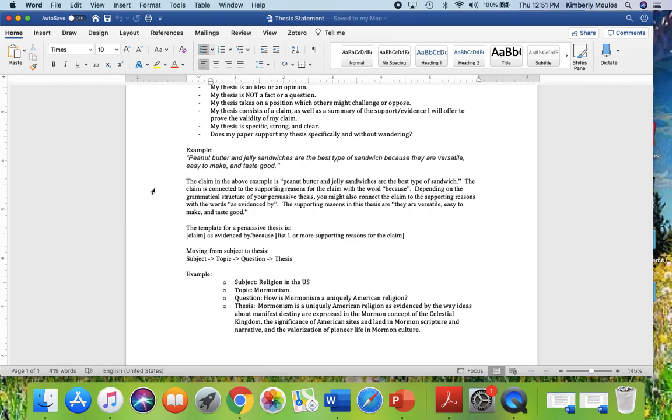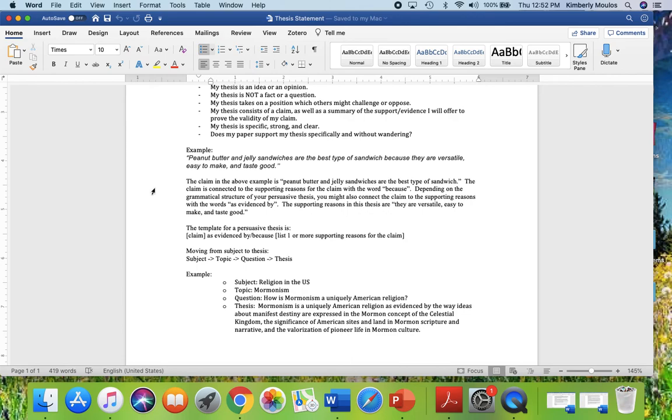And as students that understand the English language to some extent, you'll kind of be able to have a feel for which one would work. And this is an example of sort of there are obviously other words and phrases that you could use to link your claim to the supporting reasons.